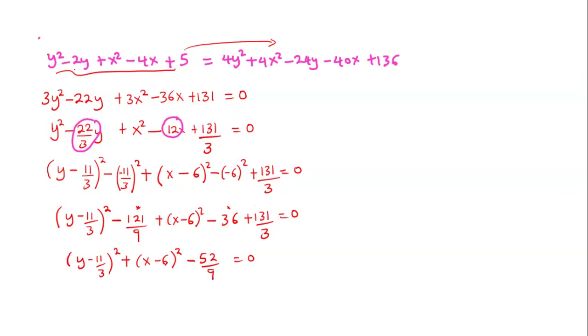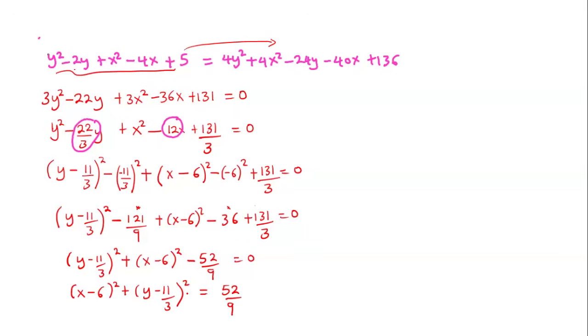Now, for you to get a clear picture, better you start with x then y, because you may easily mix up when you are getting the center. So I can write it in this form, y minus 11 out of 3 squared equaling to 52 out of 9. Now, that is what you have. So what next? The next thing we are going to do is we need to find out.